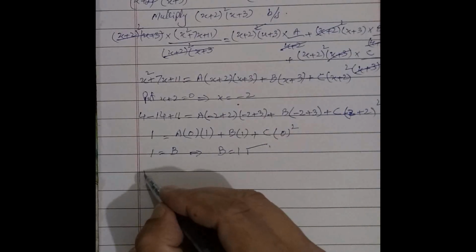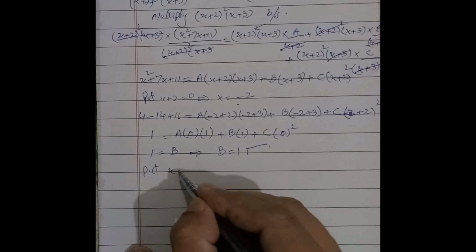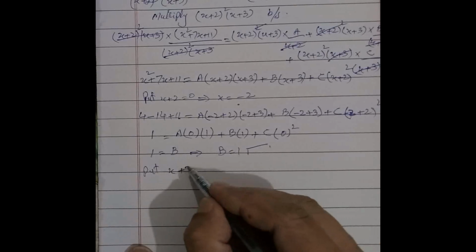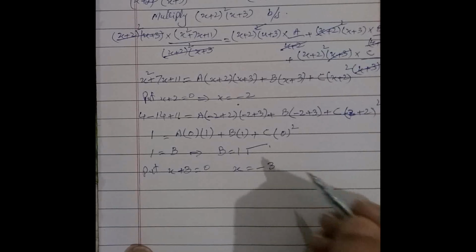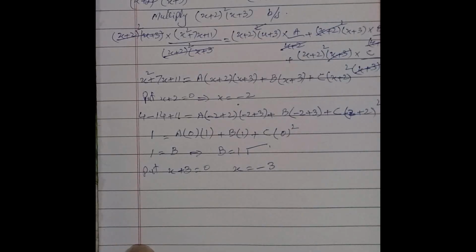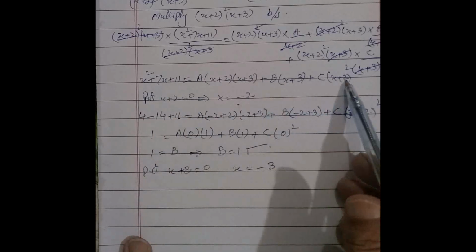And now put x plus 3 is equal to 0, which means x is equal to minus 3. Now put x is equal to minus 3 in the equation.